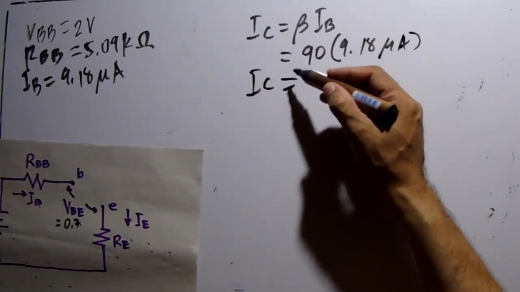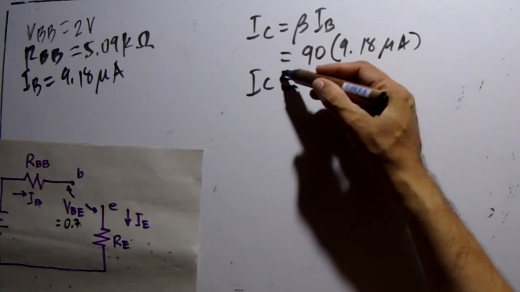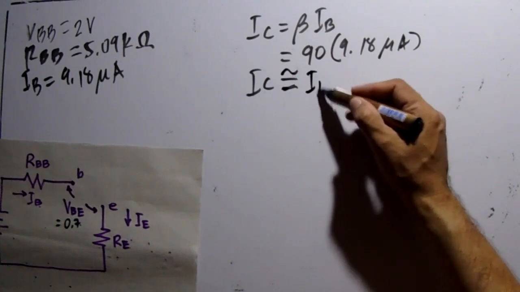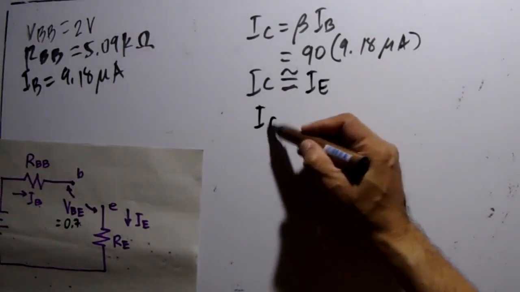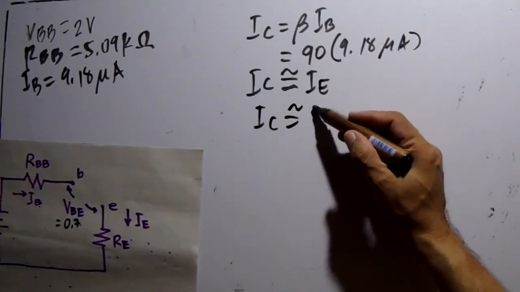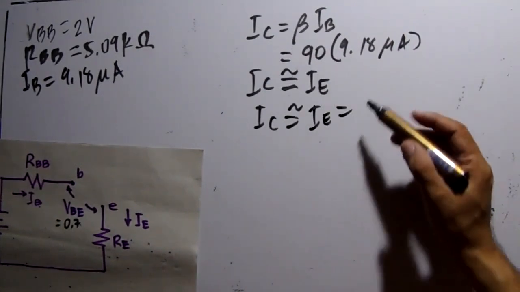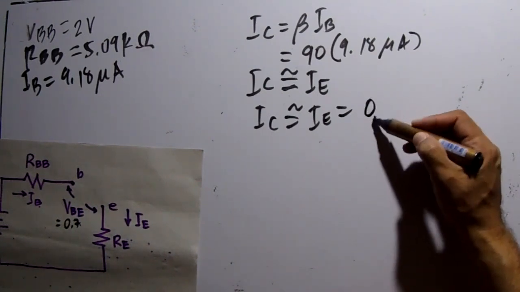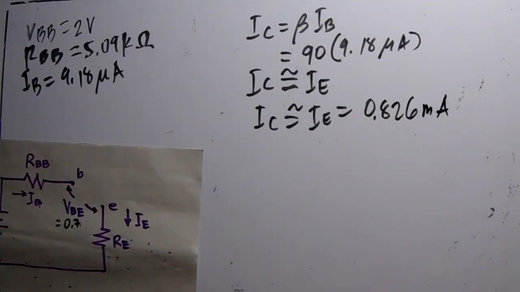At this point we can approximate IC to be equal to IE, IC approximately equal to IE. Solving this, we get the value of 0.826 milliamperes.